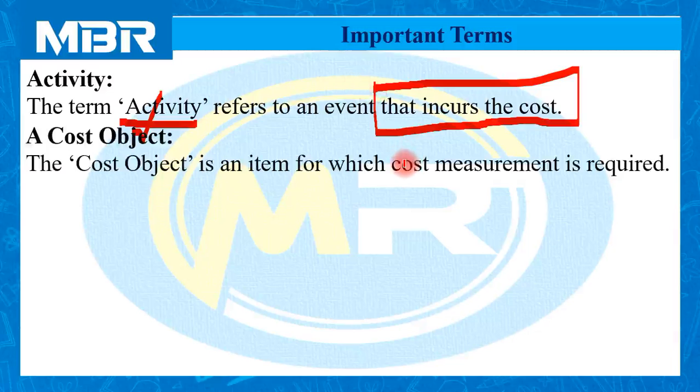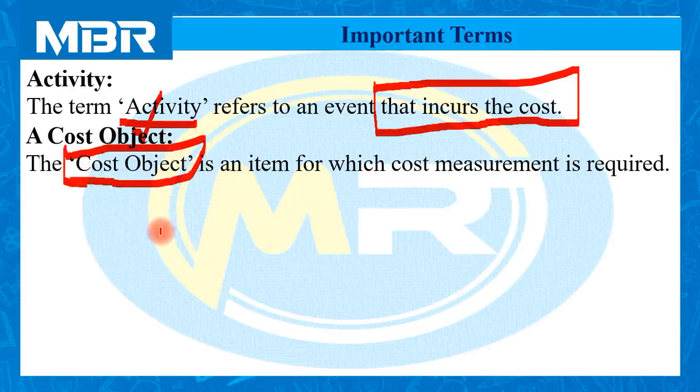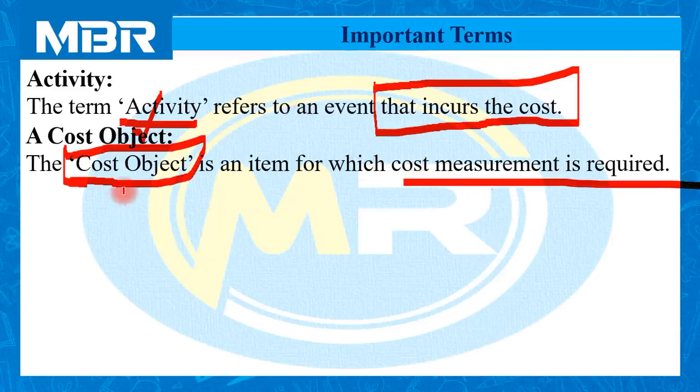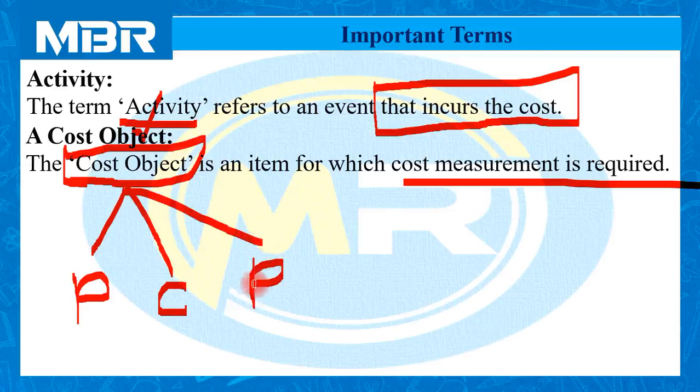Second, a cost object. The cost object is an item for which cost measurement is required. Now, we need to understand the term cost object very carefully. A cost object may be a product, a customer, or a process.